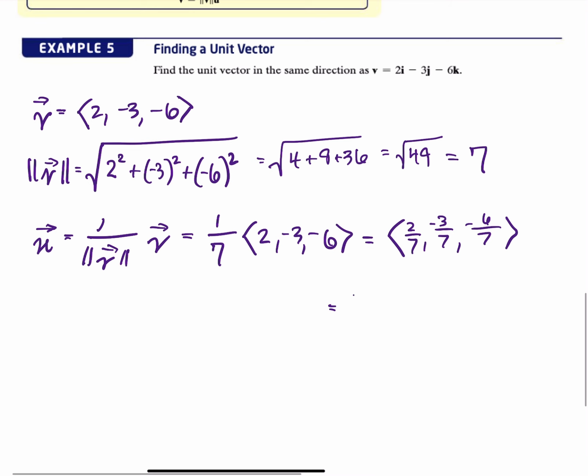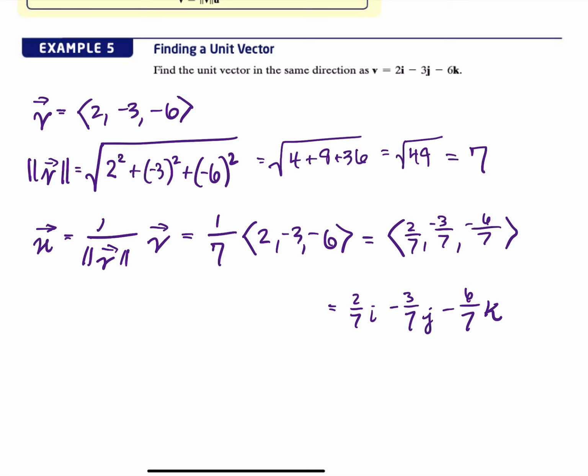Or we could say 2 over 7i minus 3 over 7, since it's negative j, minus 6 over 7k. So we can find the unit vector in the same direction by dividing by its magnitude or multiplying by 1 over its magnitude.